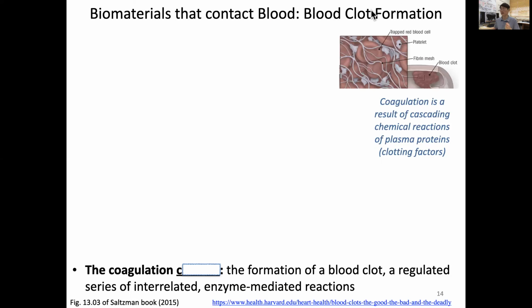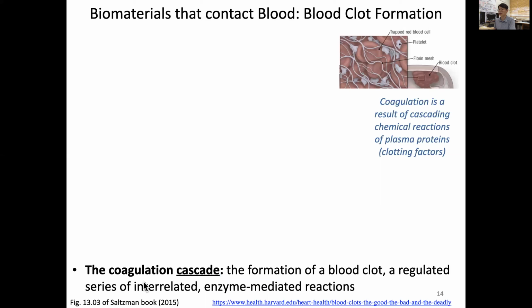blood clot cascade. So this is an example picture: inside the blood clot, there are fibrin meshes, insoluble meshes formed, which capture or trap red blood cells, and the platelets are activated here so that they form a blood clot.